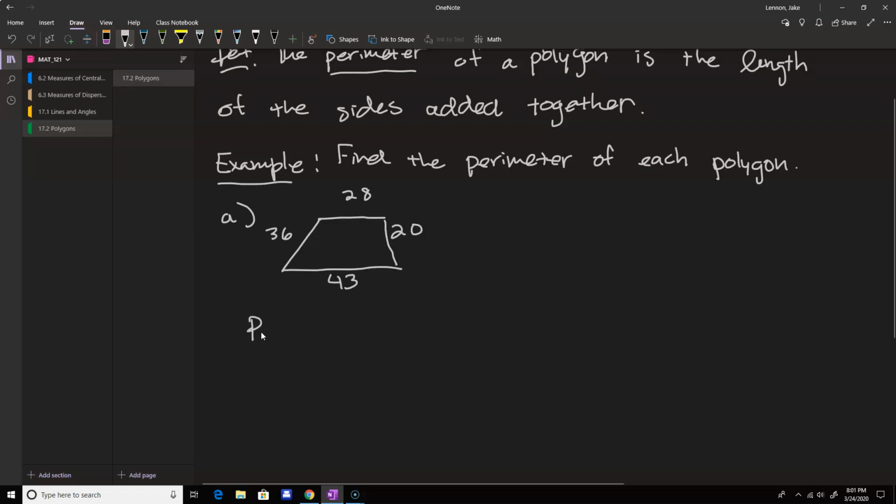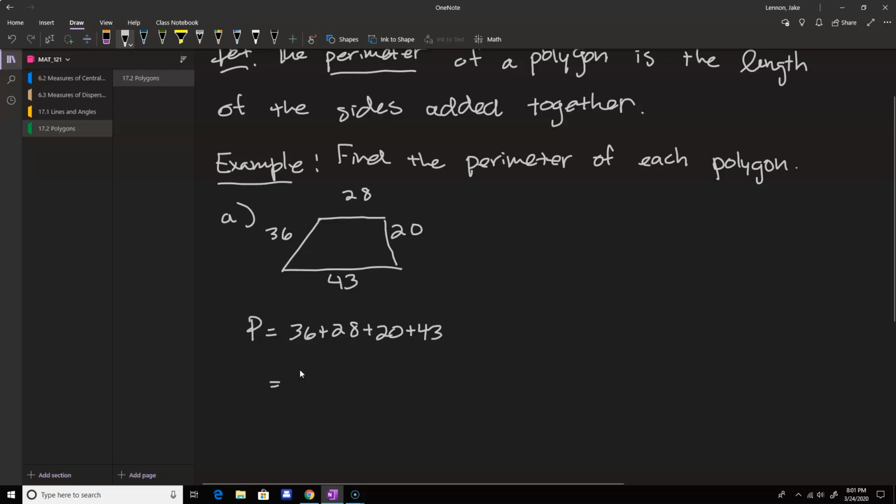So our perimeter here, which we'll just denote with capital P, is 36 plus 28 plus 20 plus 43. And I believe that adds up, let's see, 36 and 28 is 64. 64 and 20 is 84.